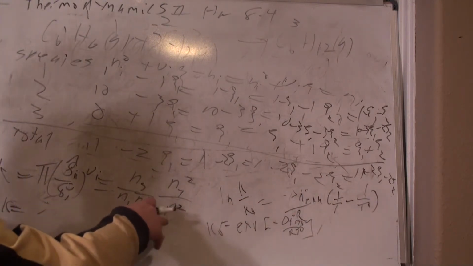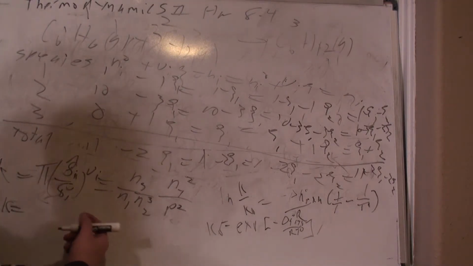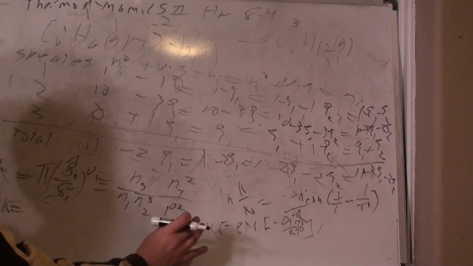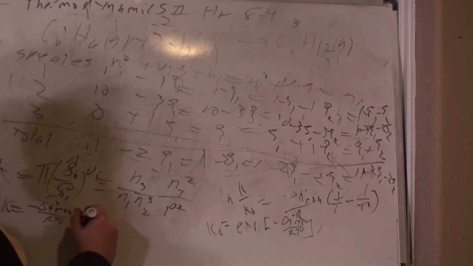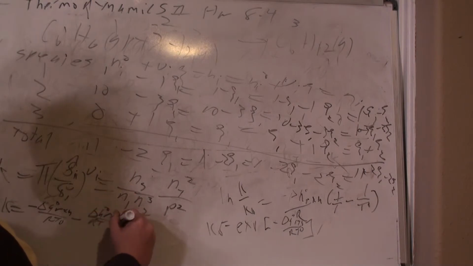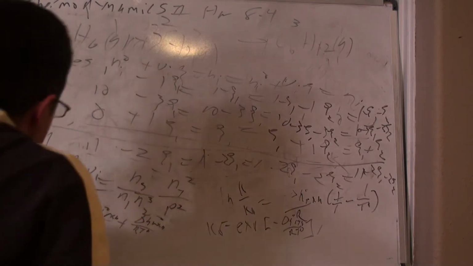Move that over and plug that into here, and so I have positive natural log of k naught, so I have minus delta G naught of reaction over RT naught minus delta H naught of reaction over RT plus delta H naught of reaction over RT naught. And so that's a fine way to do it.